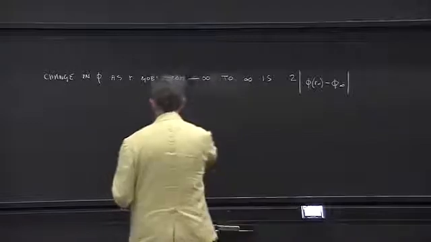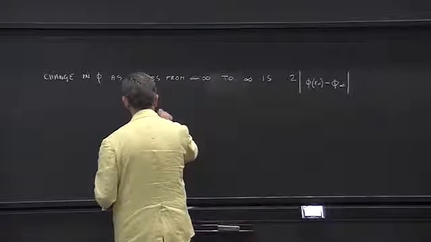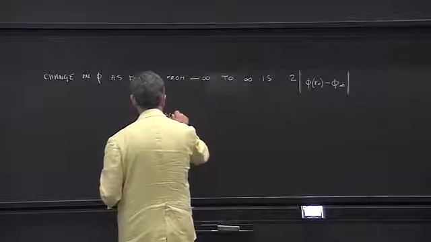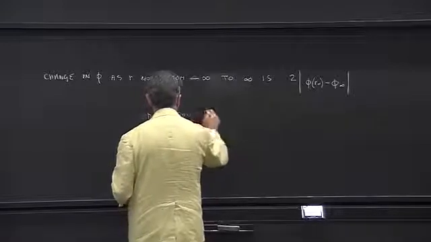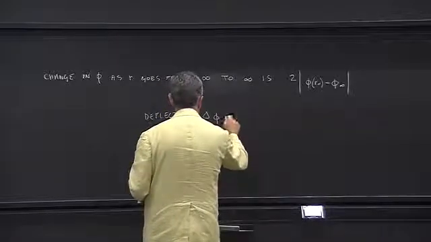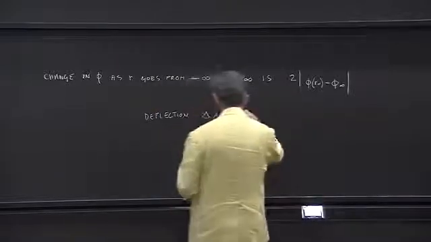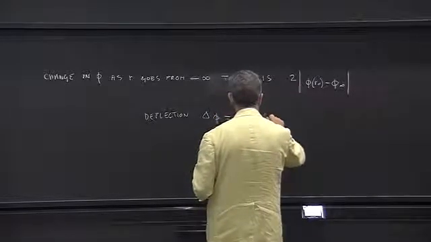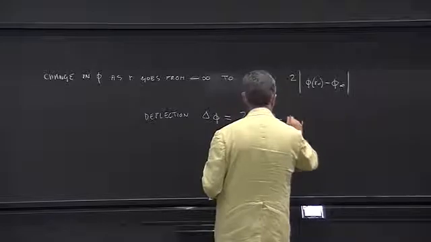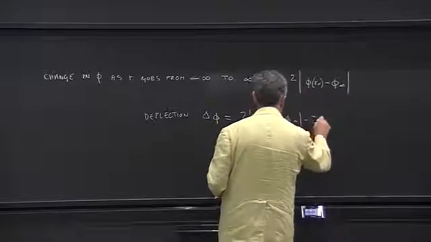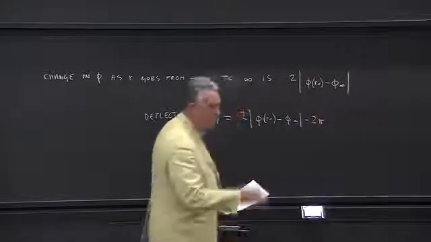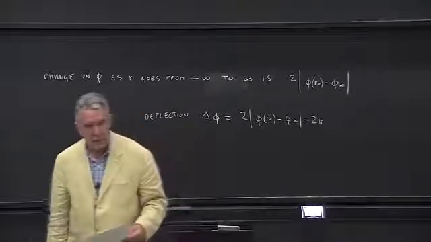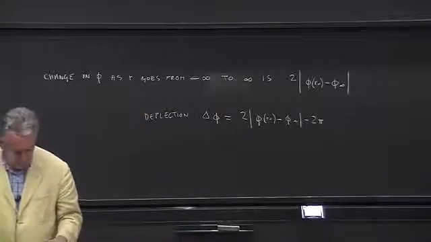So the deflection delta phi is this minus 2 pi. That's the amount by which the sun has bent the light ray.